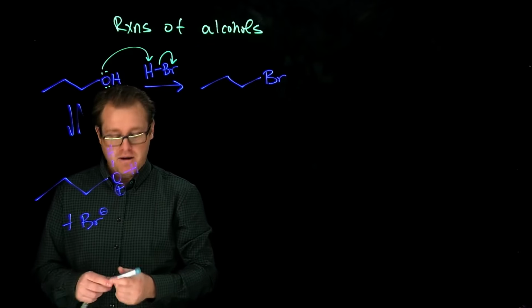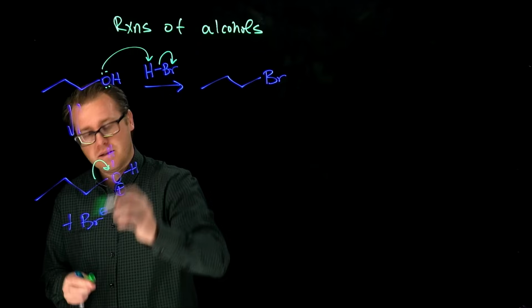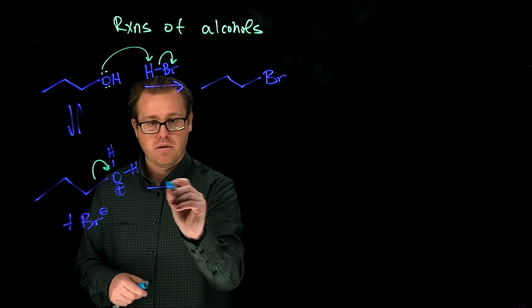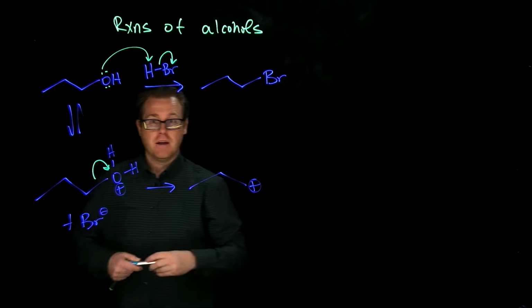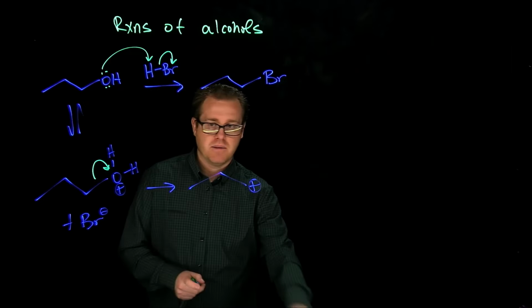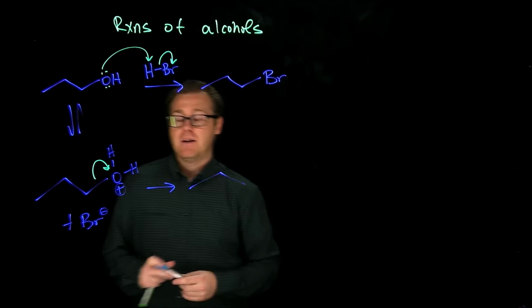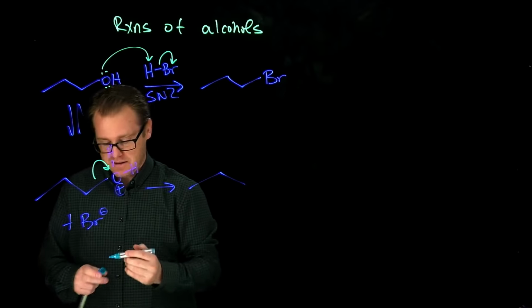But this is primary. So does it just leave like this? If it just left, what would we be left with? We would have a primary carbocation. So that is not a good mechanism because we don't generate primary carbocations. And I said that this whole mechanism is an SN2 mechanism.